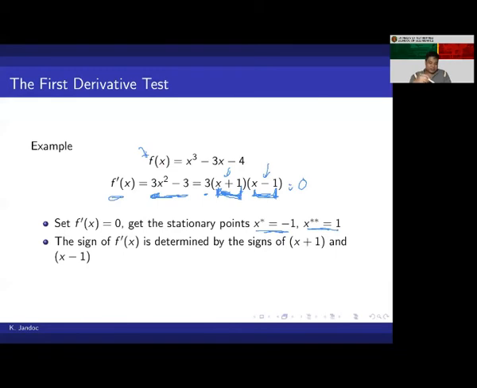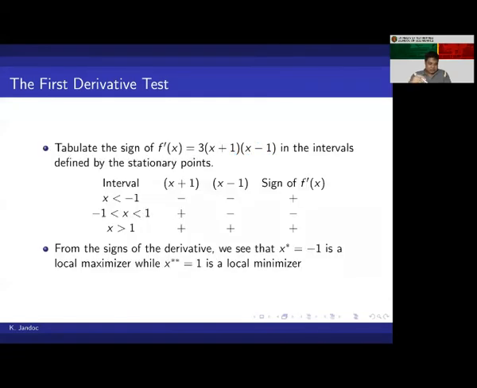Just reiterating what I said, the derivative, the slope of the tangent line, is wholly determined by these two expressions over here. What we'll do next is tabulate the sign of the derivative f prime x based on the intervals given by the stationary points.